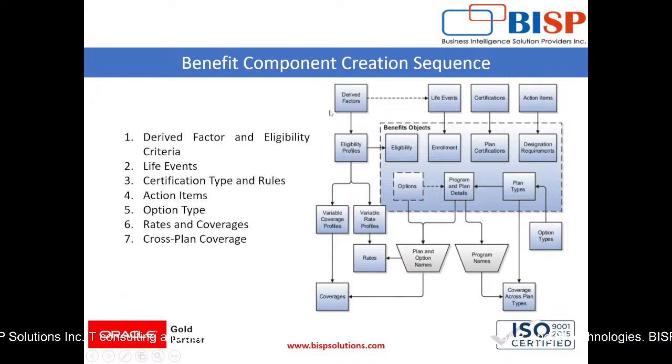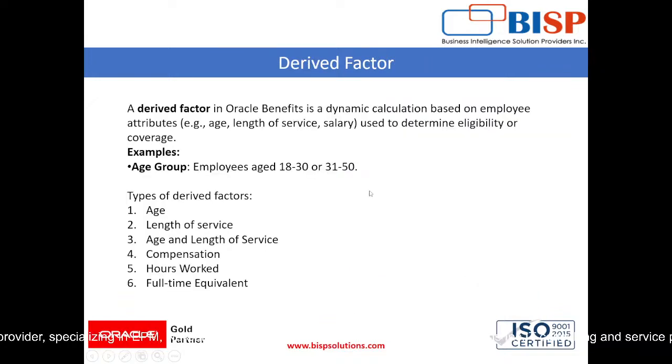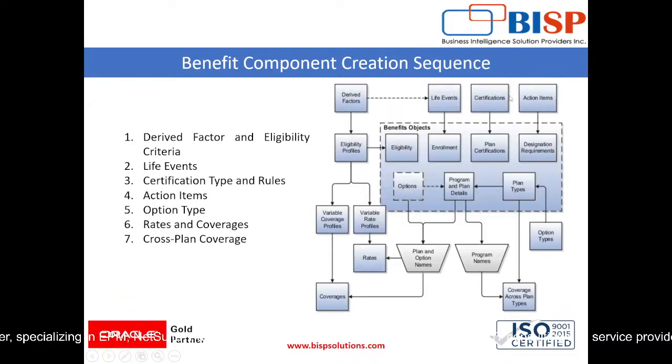So here you can see the first thing is your derived factor, then your eligibility profile. Then if there is a life event, you need to provide certification and action item.